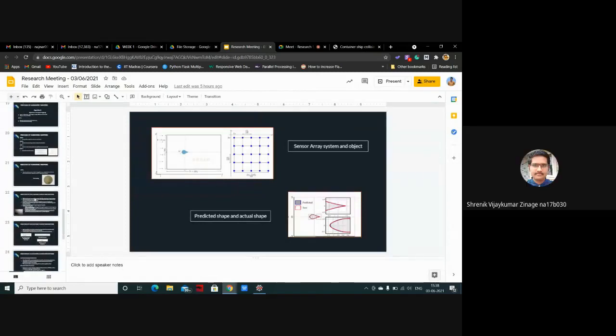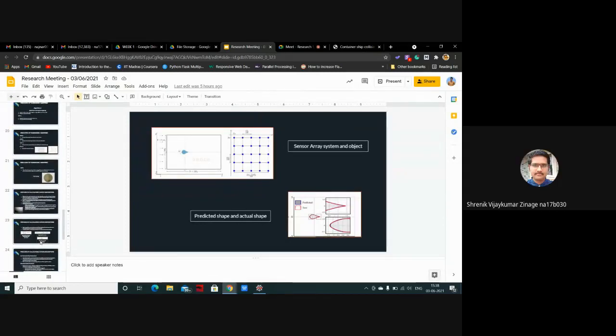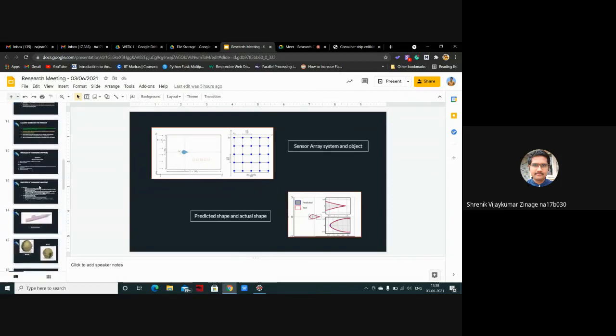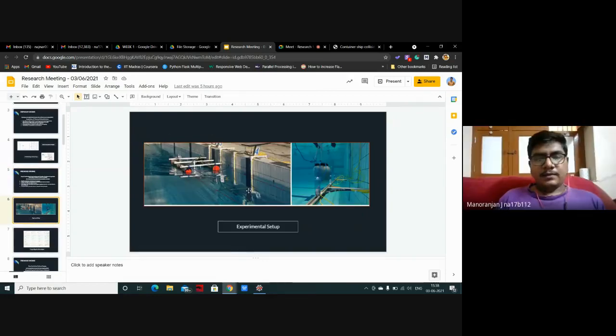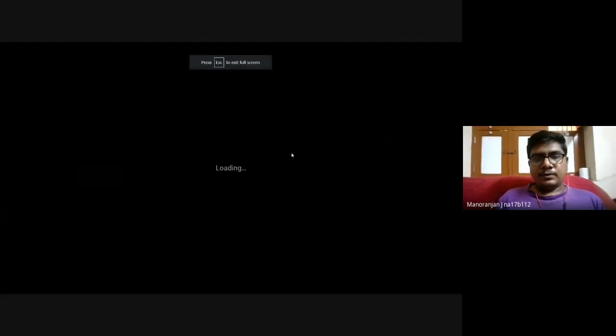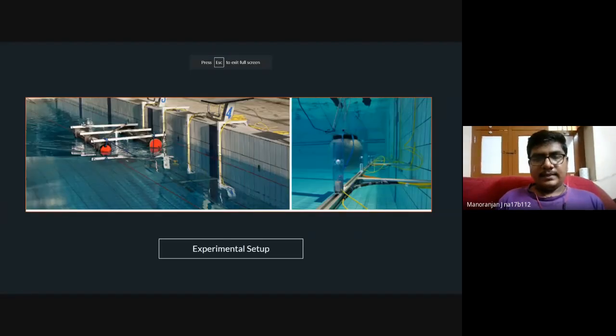Yes, sir. Also, Manoranjan, I had another query. In one of the papers, in this figure only, you said something like temporal signatures. Yeah, correct. Can you tell what exactly is that? So what they will be trying to do here is arrange a series of sensors. When we move the object across this series of sensors, based on the movement of the object across the sensor, the value detected by the sensor will also be varying with time.